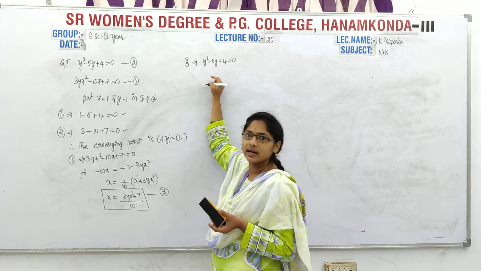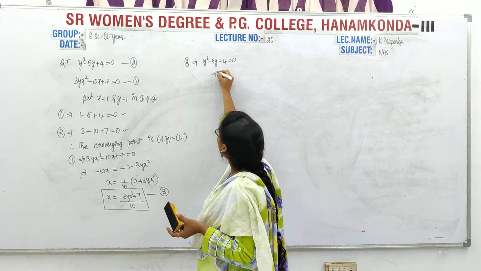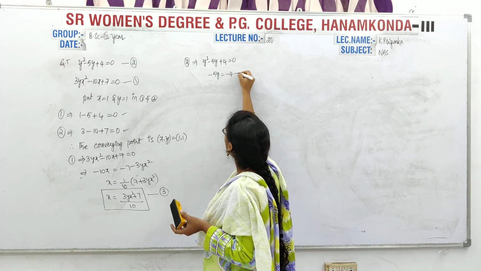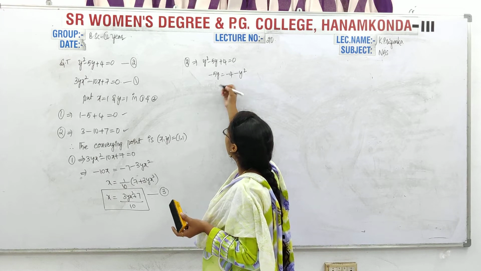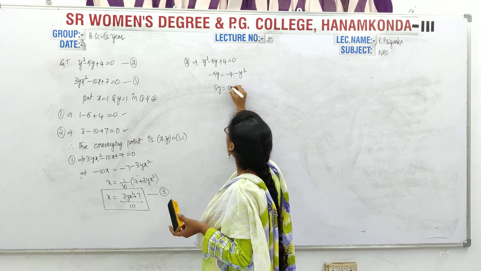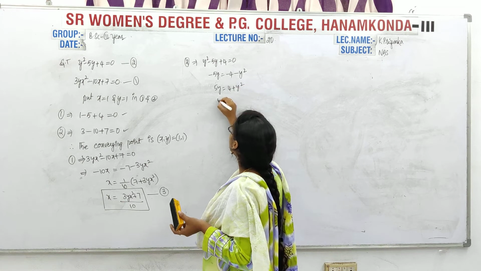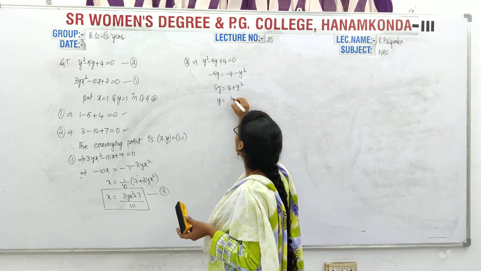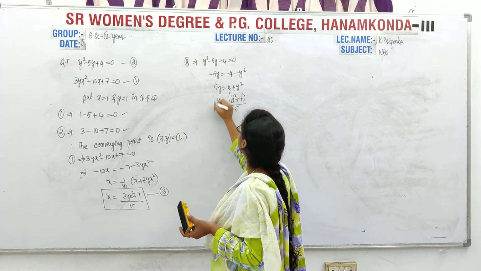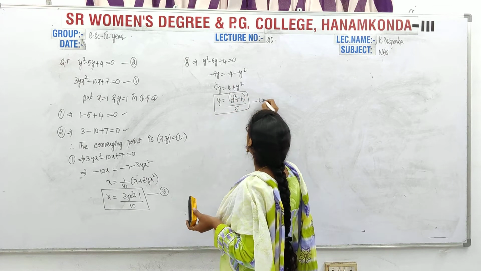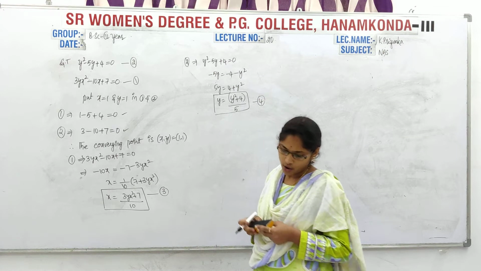I have to calculate y. So that's why I am keeping minus 5y on this side and the remaining values on the other side. Now minus cancels, then 5y equal to 4 plus y square. Then y equal to (y square plus 4)/5. It is nothing but y, and it is equation number 4.